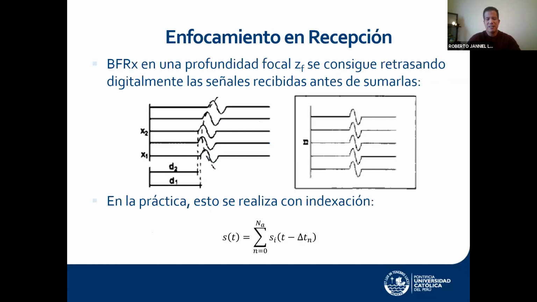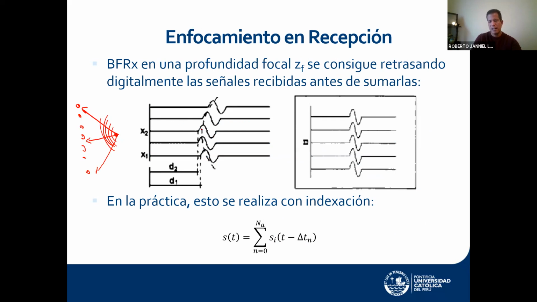And this is basically the concept. If you were to have an array like this, and then there is one reflector in here, and the reflector is generating a wavefront, I'm going to have a signal that takes longer to make it to the elements towards the edges, and a shorter time to make it to the one at the center.